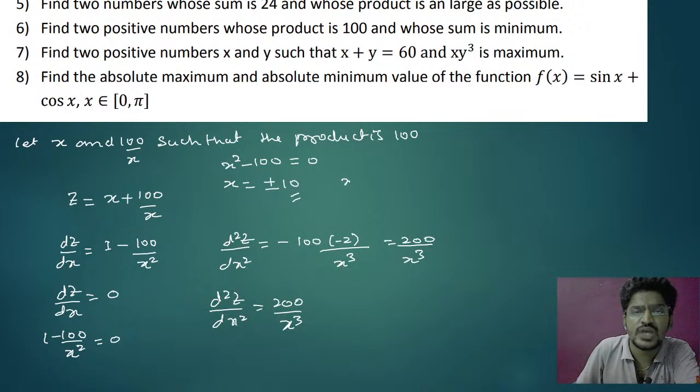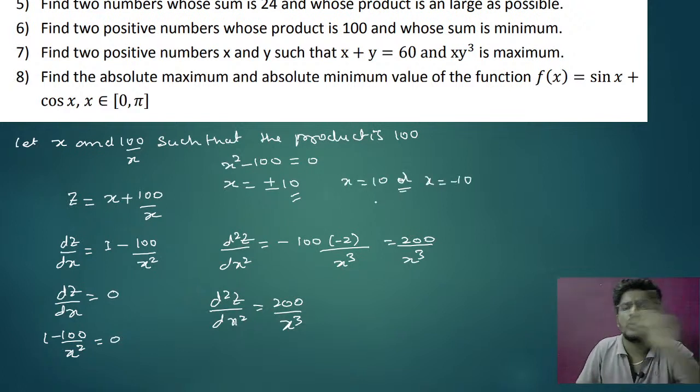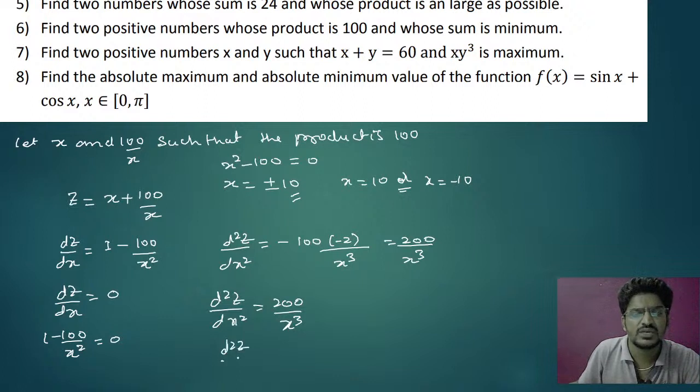Now you can choose either x equal to 10 or x equal to minus 10. But what they are telling is the sum is minimum. That means the double derivative should be greater than or equal to 0. If the double derivative is greater than or equal to 0, then the sum will be minimum. So d square z by dx square is greater than or equal to 0 at x equal to 10.